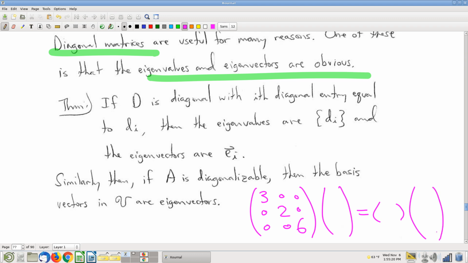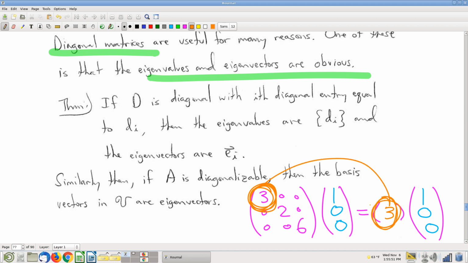And here's the obvious answer, obvious once you see it: E1. Multiply E1 there. What do you get? You get 3, 0, 0, which is a multiple of E1, right? And specifically, the multiple is 3. Notice it is a diagonal entry.